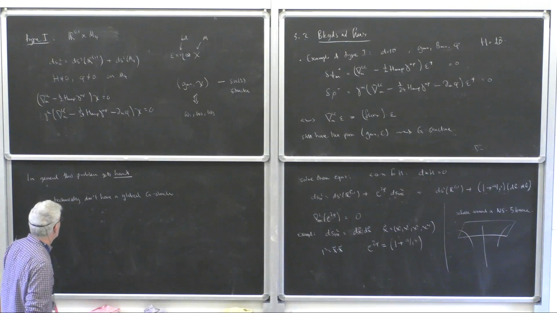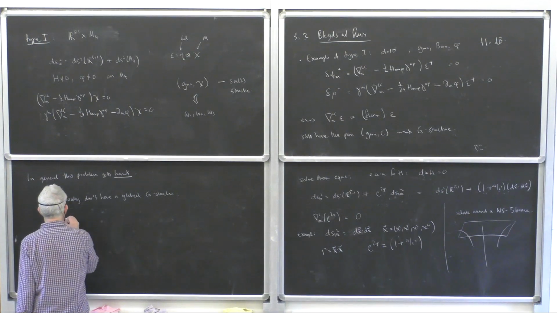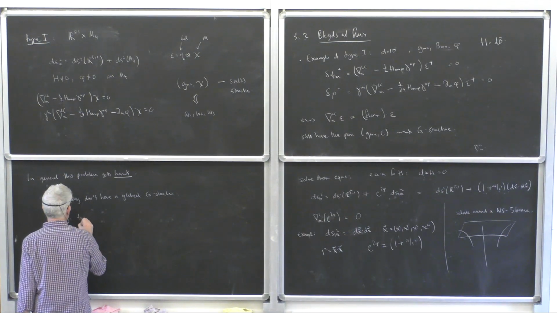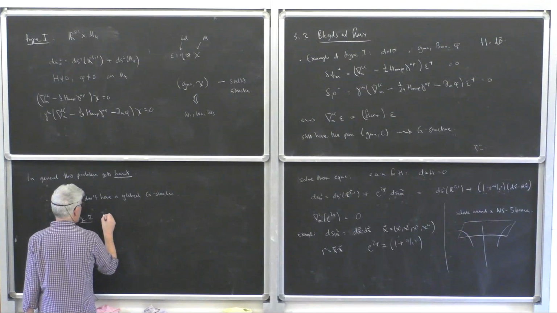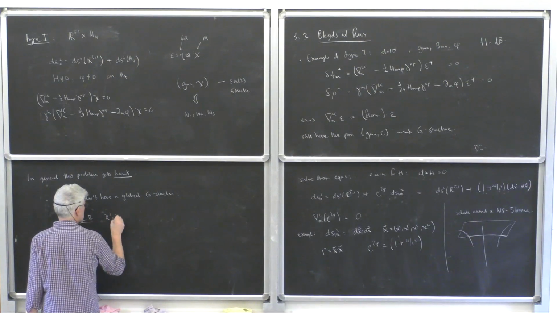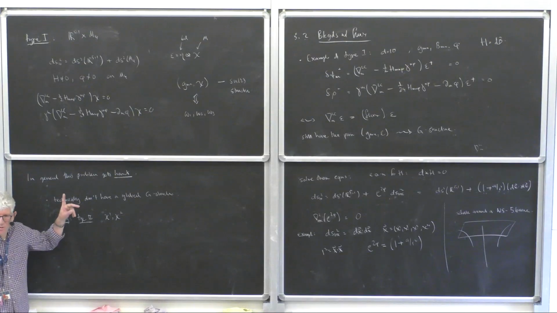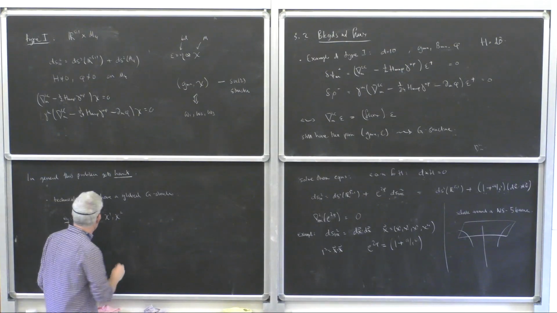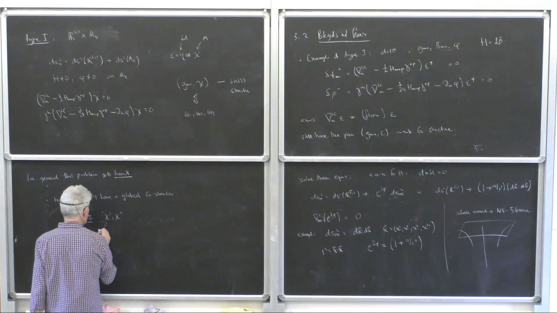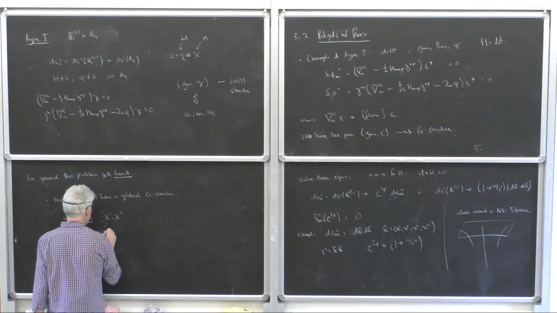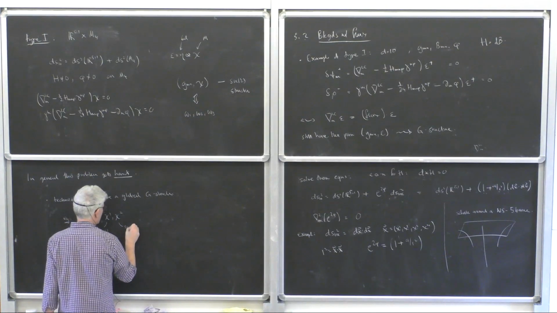So what I mean by that, for example, if you did type 2, there are 2 Killing spinors in type 2. One might preserve, say, an SU3 structure, and the other might preserve an SU3 structure.